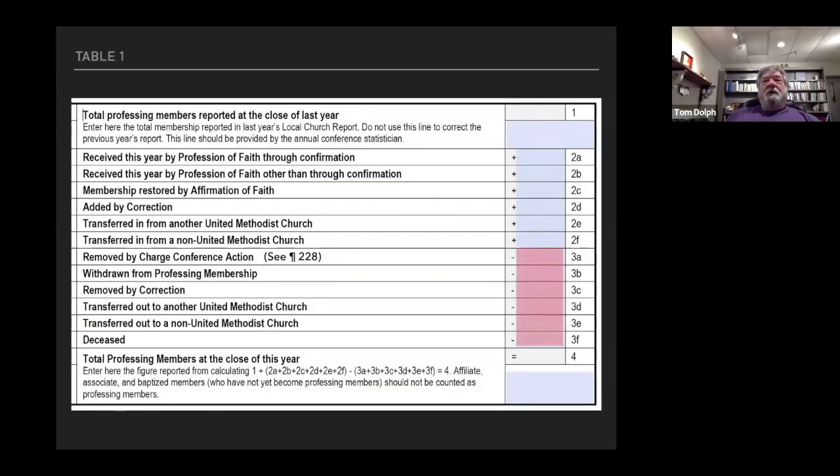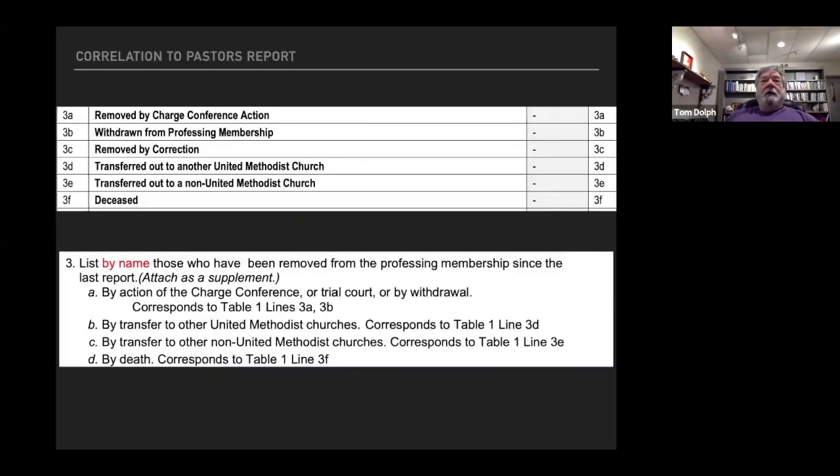So all numbers in this section are subtracting from your previous year's membership. So again, the numbers at the top, removed by charge conference action and withdrawn, would go under 3A of the pastor's report.